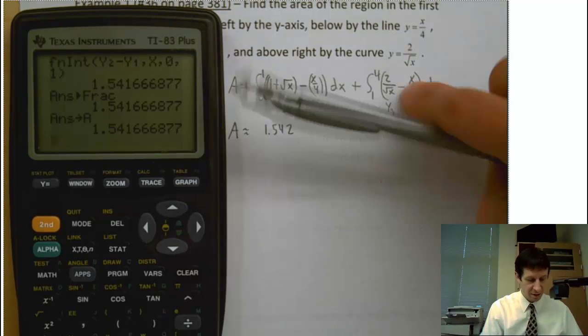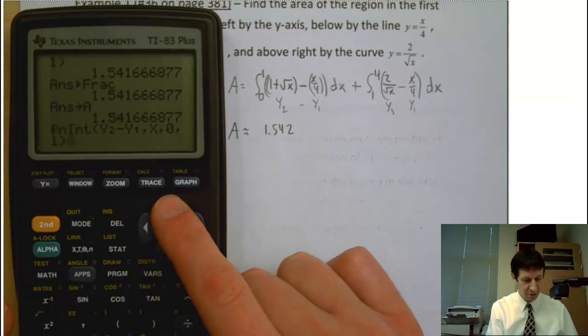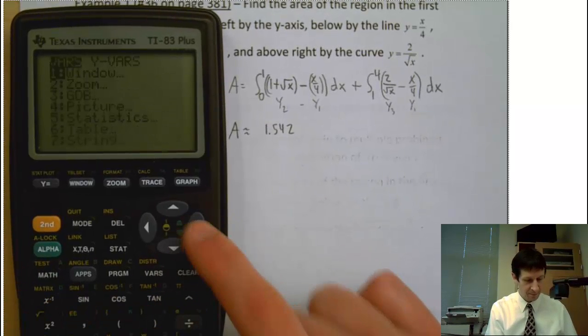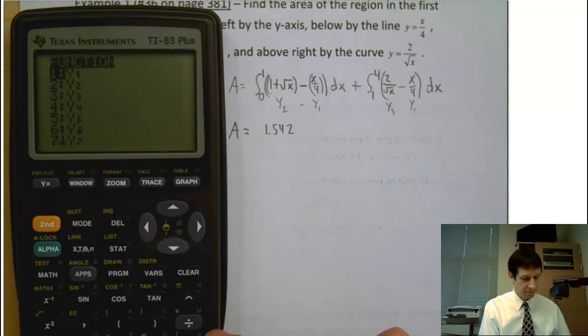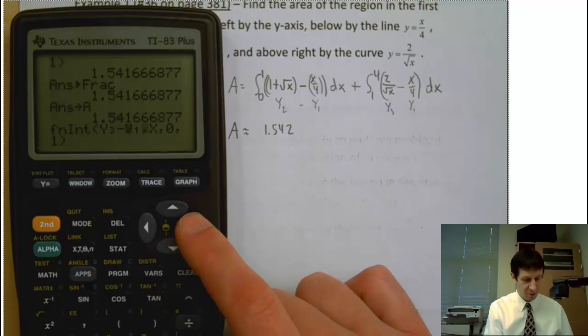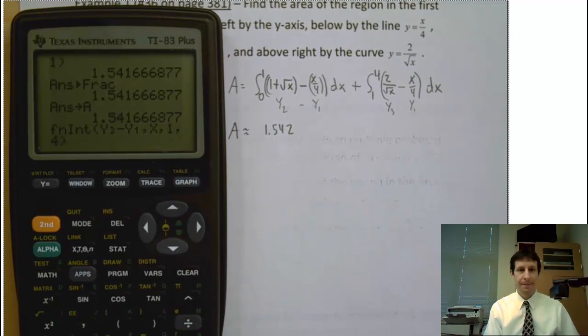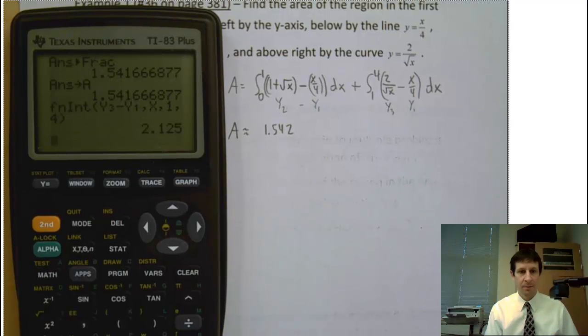I still need to do this other one over here, so I'm going to hit second enter a few times, fn int. This time I need to do y3 minus y1. Let's see, y3 minus y1, and this one's going from 1 to 4. 2.125.